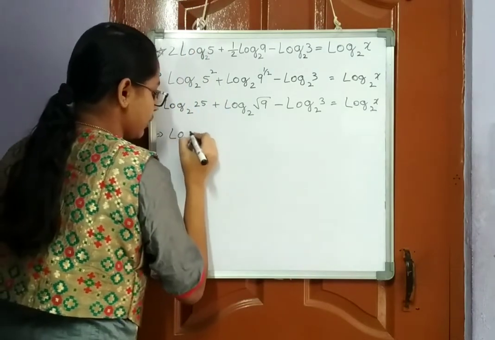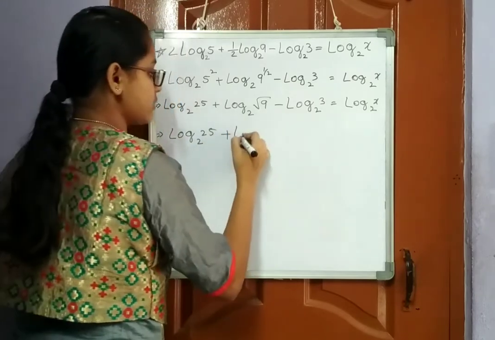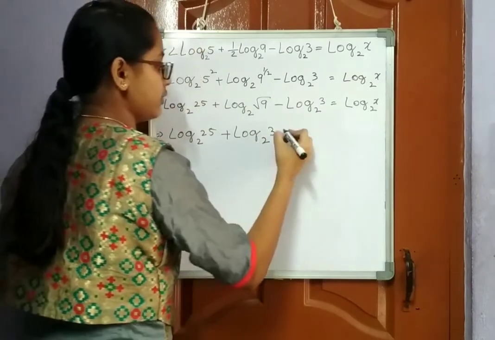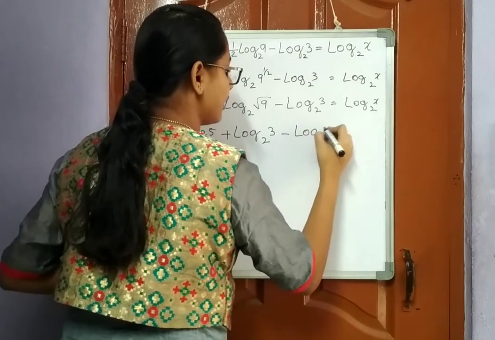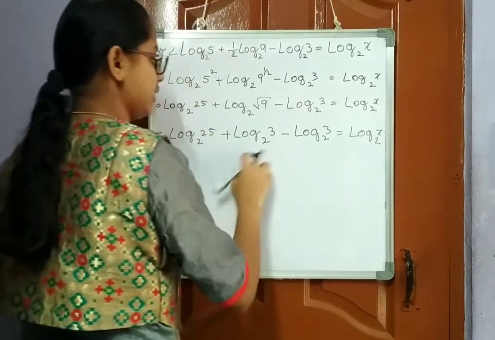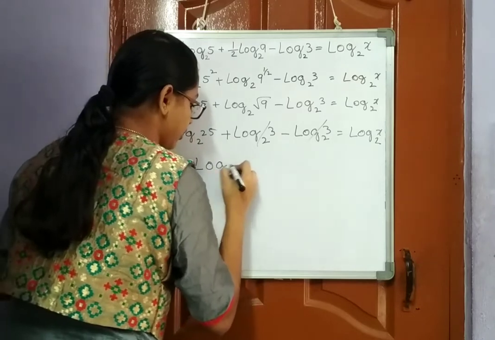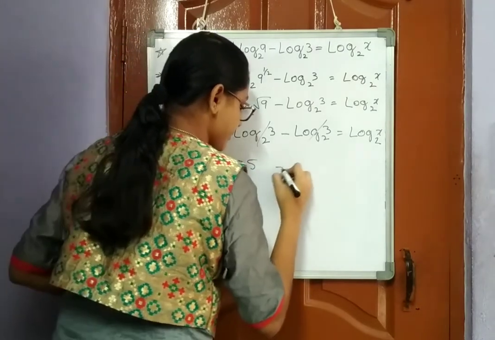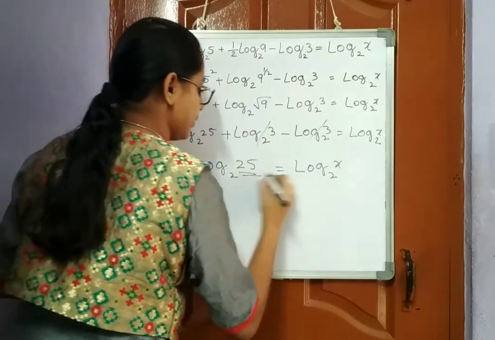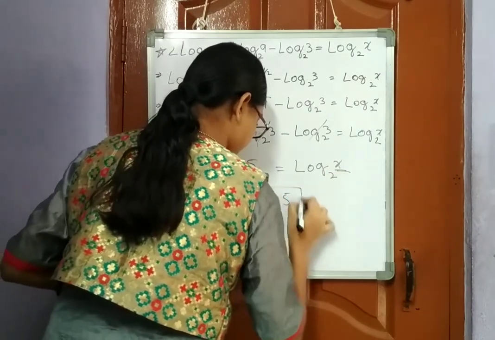Here we will get log of 25 to the base 2 plus, log root 9 is nothing but 3, to the base 2 minus log 3 to the base 2 equals log x to the base 2. Here the similar ones get cancelled. Then we will get log of 25 to the base 2 equals log x to the base 2. So equating, we will get x equals 25.